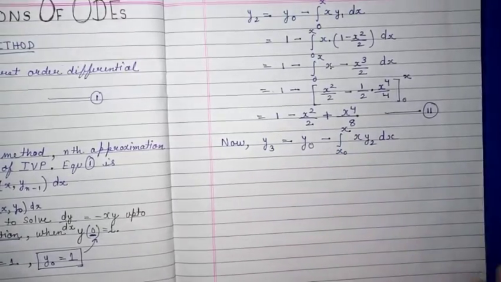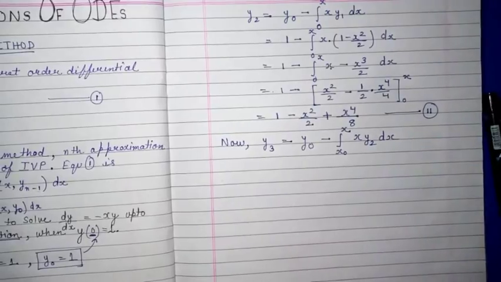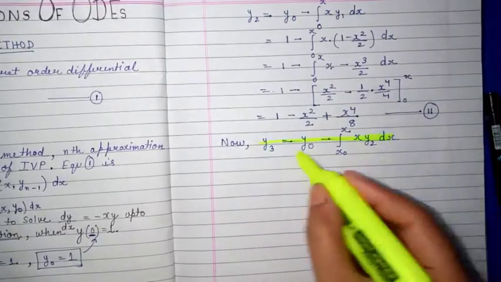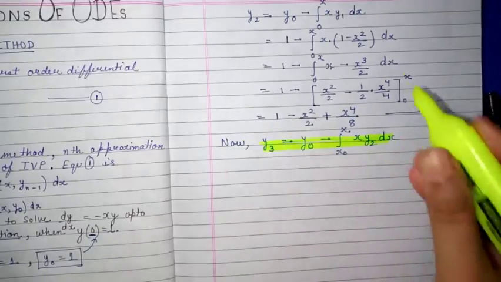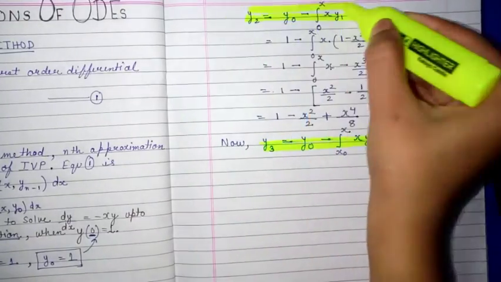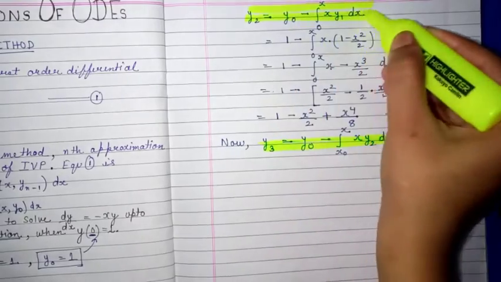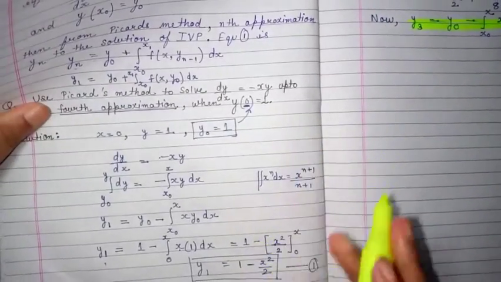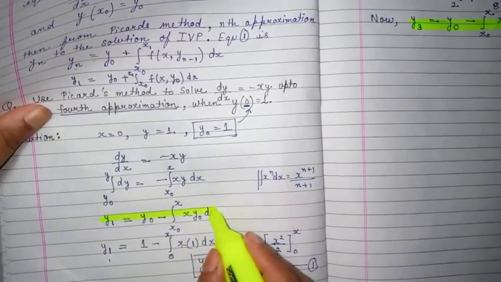This is the formula. I am just highlighting it. Wherever I am using a formula, I highlight it so that you can understand properly. These are the formulas which I have used, and while finding y1 I used this formula.